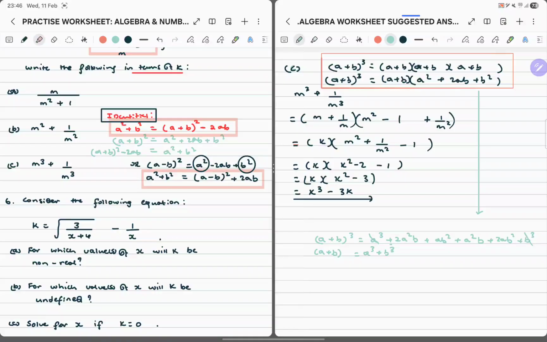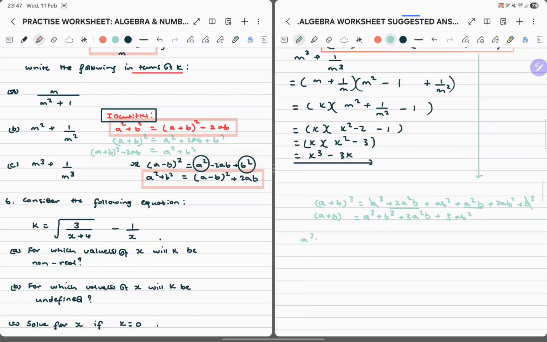Now let's look at this one. This is 2a squared b plus a squared b, so this is plus 3a squared b, plus again 3ab squared. So this is what we have.